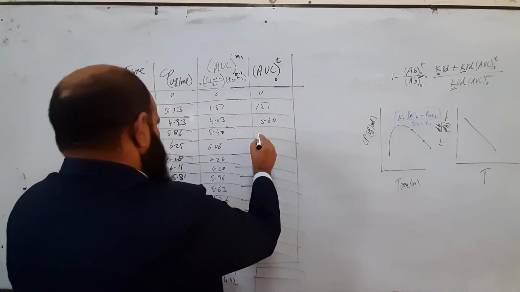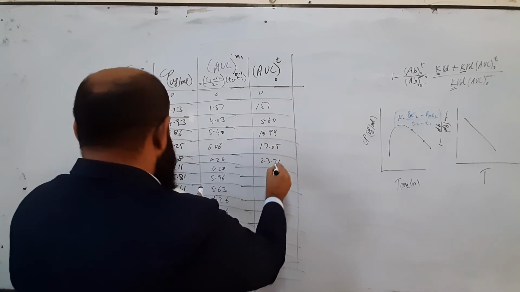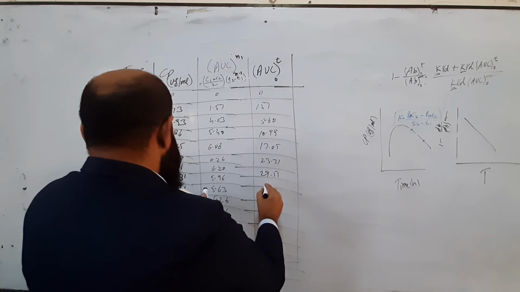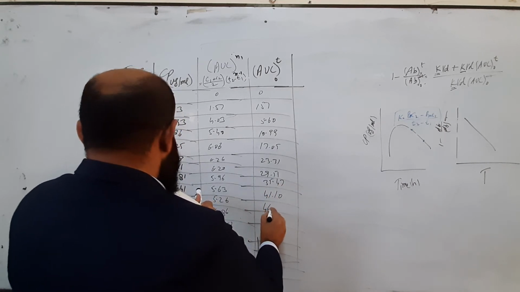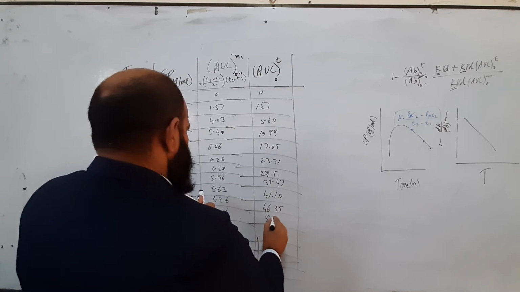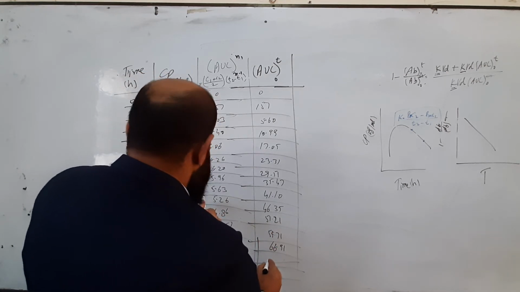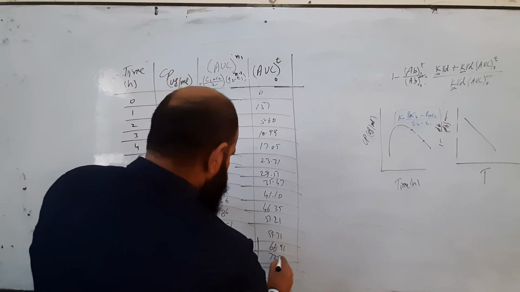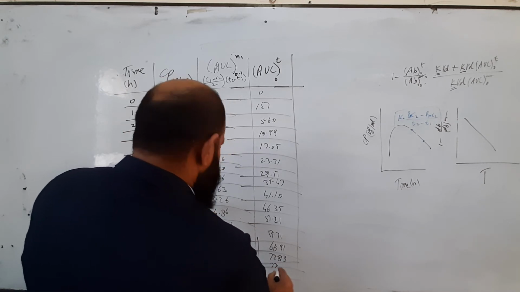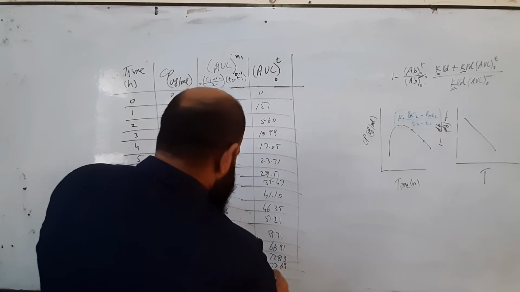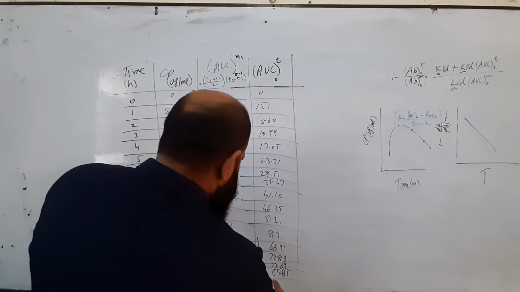5.60. Next is 10.99, then 17.05, then 23.31, then 29.51, then 35.47, 41.10, 46.35, 51.121, 59.71, 66.91, then 72.83, 72.69, and 87.85, and the last one is 91.87.